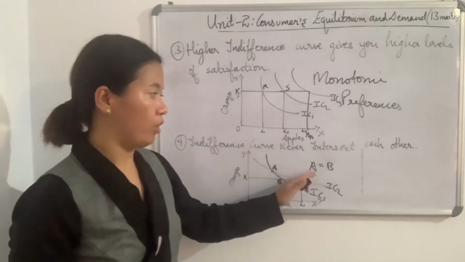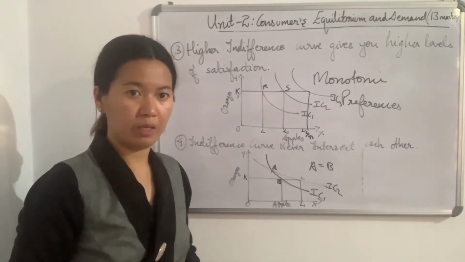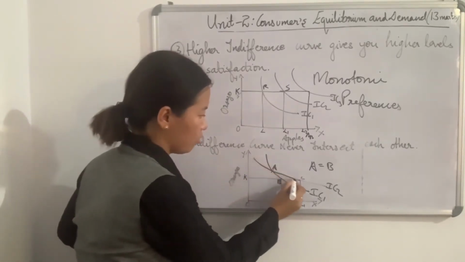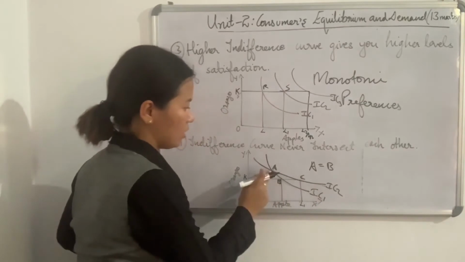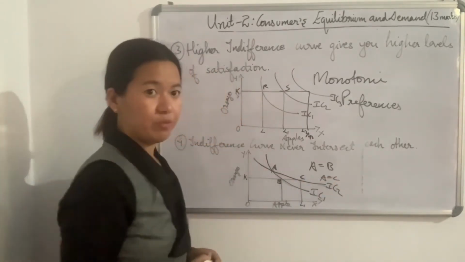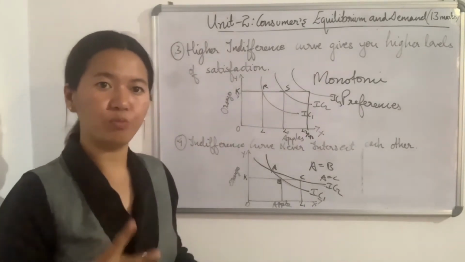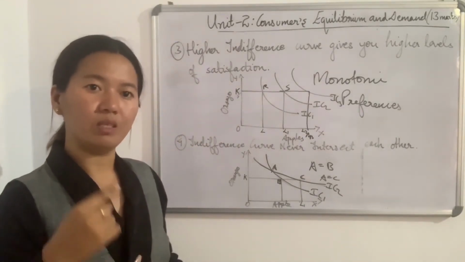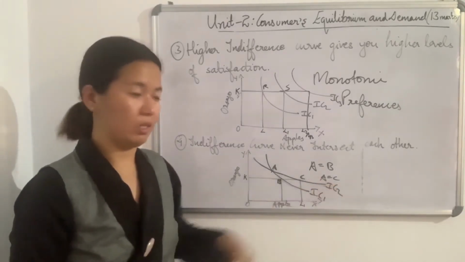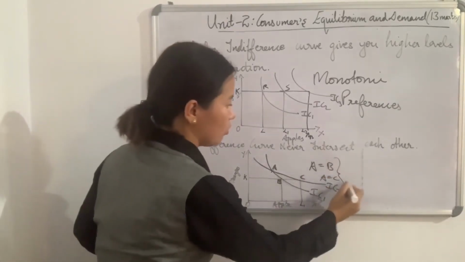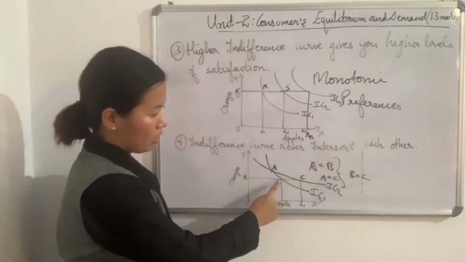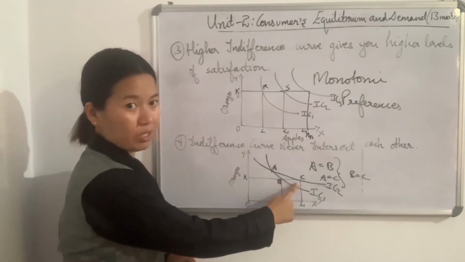So point A is equal to point B. And on IC2, there are also 2 points, point A and point C, which means it gives you the same level of satisfaction. Therefore, A is equal to C. From these 2 equations, we can conclude that B is equal to C.